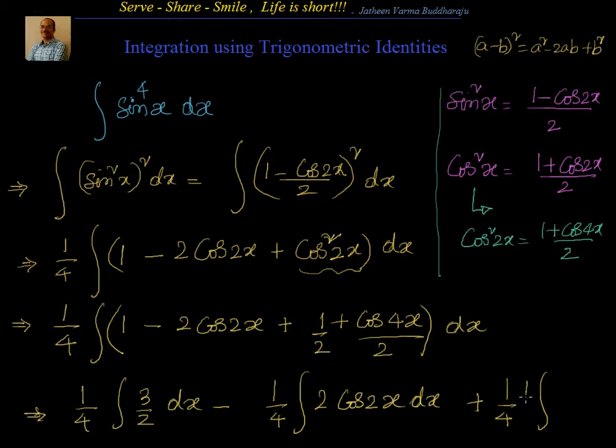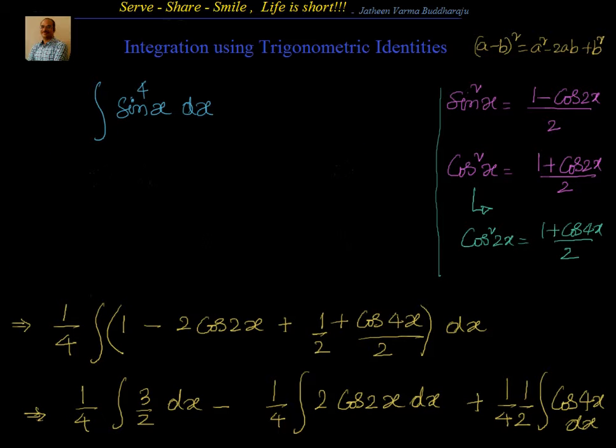So I can just keep it as cos 4x by 2, or I can bring that out and say 1 by 8 integral of cos 4x dx. Now we will go to the next step.